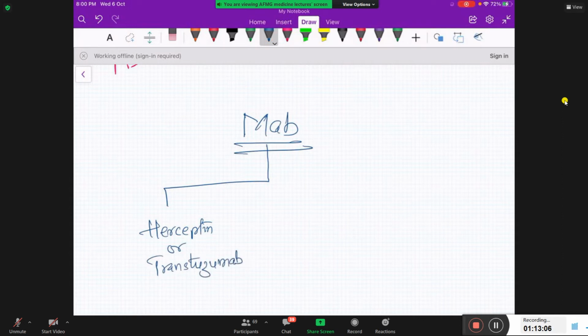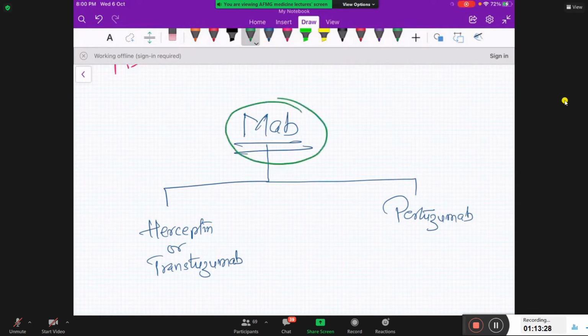It also now includes pertuzumab. And very important point in this, when to give this monoclonal antibody?